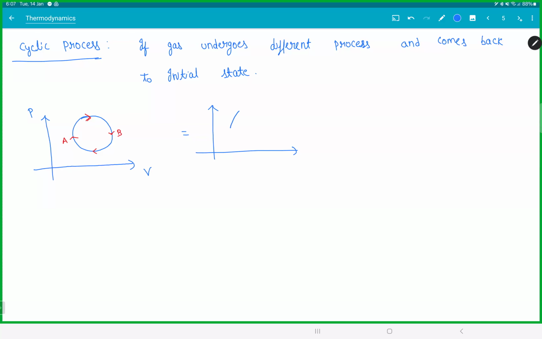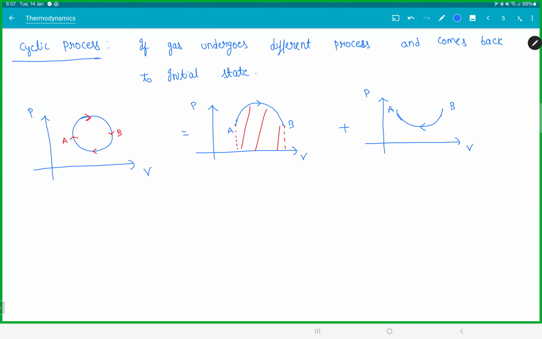I can split this into the upper semicircle where you're going from A to B, plus the other lower semicircle, where you are coming from B to A, the arrow is this way. Now just now we said the work done is the area under the graph. So you should take the entire area below that semicircle, right?